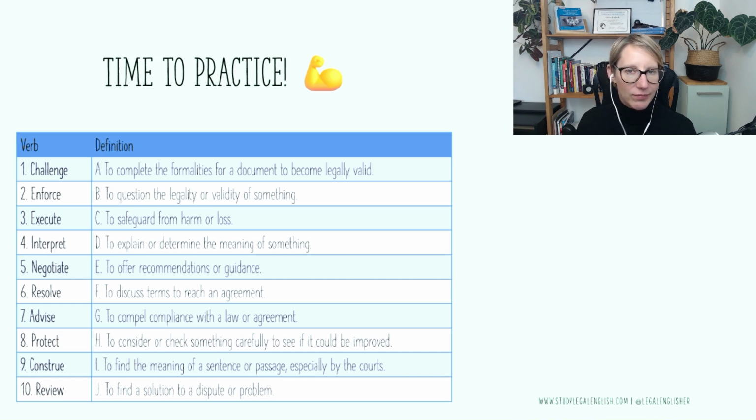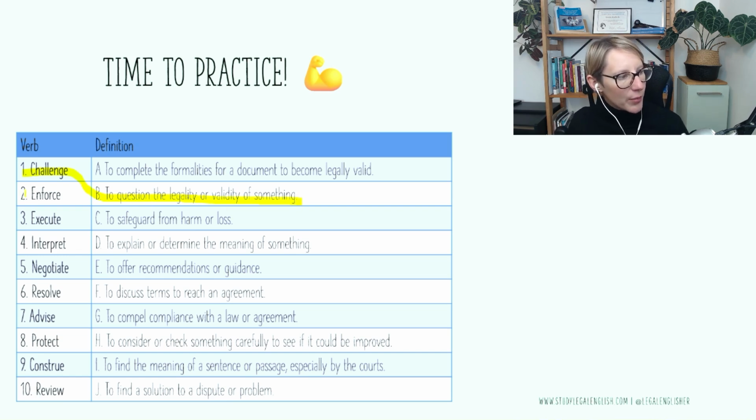All right, let's go through the answers. We've got to challenge. To challenge, right? That was which one? It's B, to question the legality or validity of something.